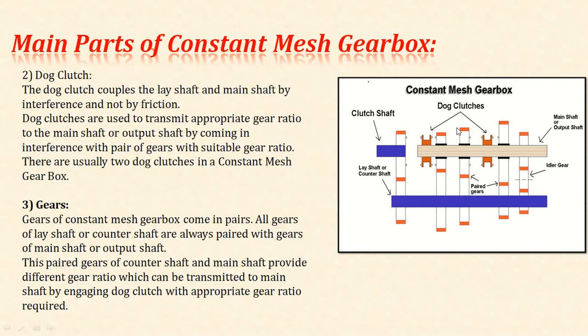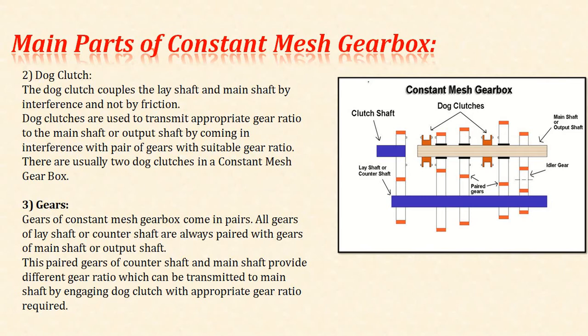Second, the dog clutch. These are the orange colored ones. We can see the dog clutch. The dog clutch couples the lay shaft and main shaft by interference and not by friction.